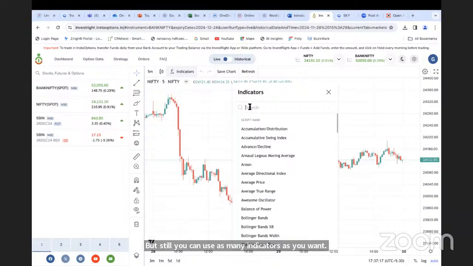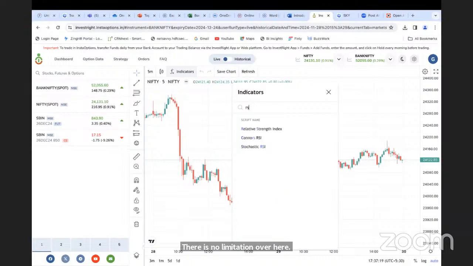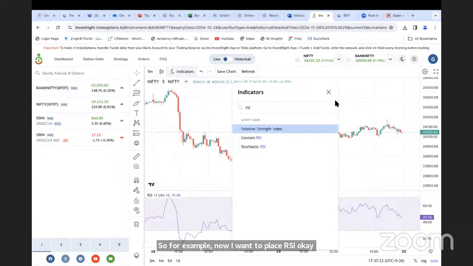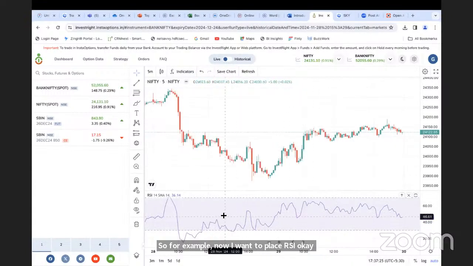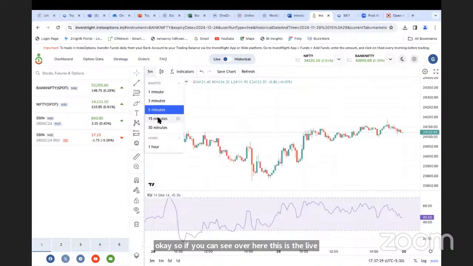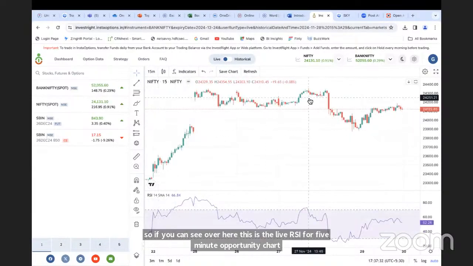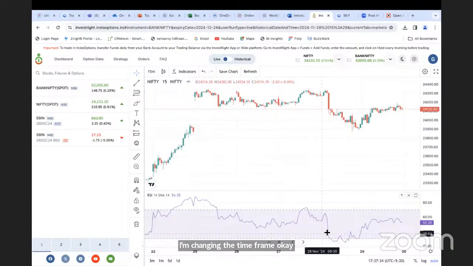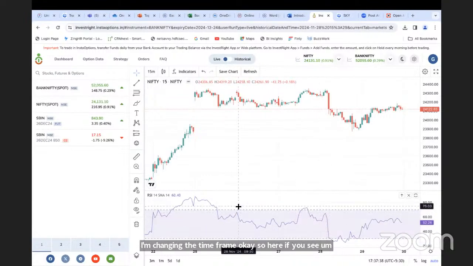For example, now I want to place RSI. So I typed RSI. If you can see here, this is the live RSI for 5 minute of the Nifty chart. I'm changing the time frame. Here you see that this is giving me a zone.